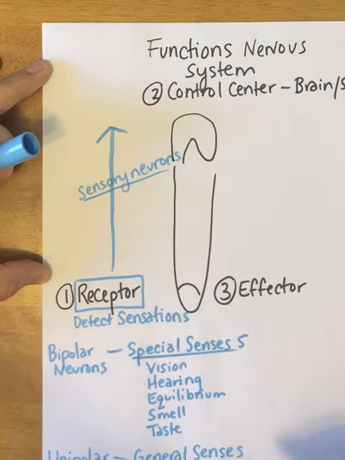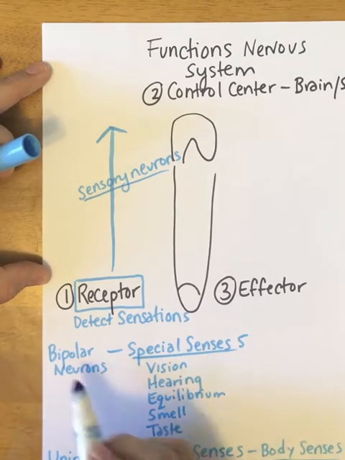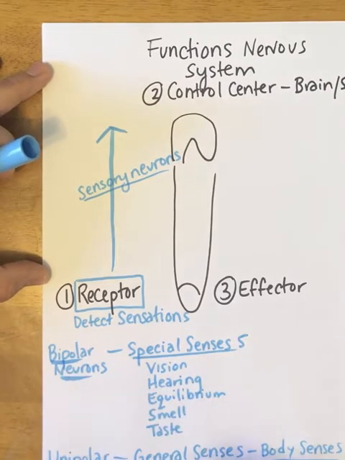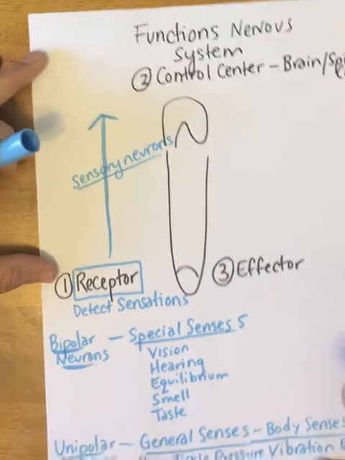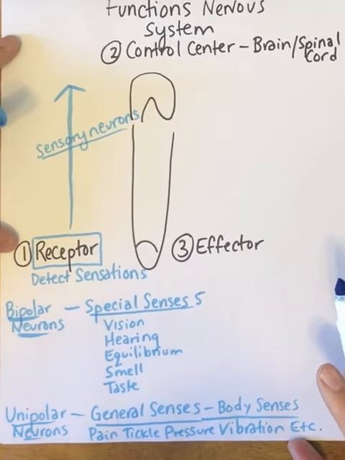Temperature, that's a general sense. So general senses are basically body senses. When you say general senses, it's sensations that you can feel on your nose all the way down to your big toe. Special senses are always going to be confined to the head, and those are bipolar neurons, but these are sensory neurons. So we have general senses and we have special senses.